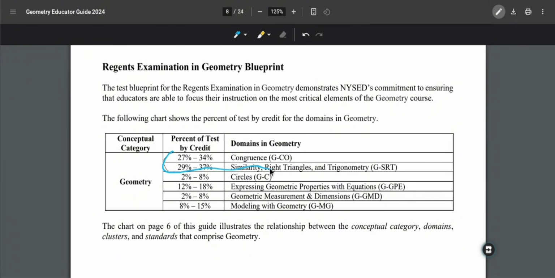As you can see, those are the biggest and most weighted percents of the exam. So if you want to focus on studying specific things, study those congruency theorems, study those similarity theorems, right triangles, and your trigonometry. You're followed by expressing geometric properties with equations, modeling with geometry, and the least weighted proportions are the circles and geometric measurements and dimensions.